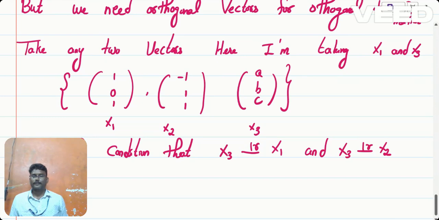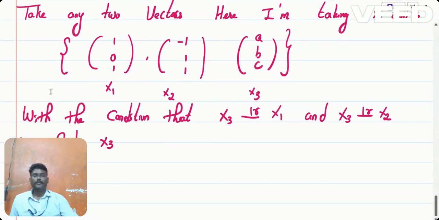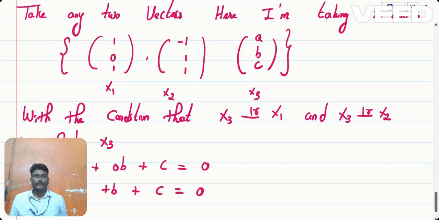We find x3, that is a plus 0b plus c is equal to 0, minus a plus b plus c is equal to 0.